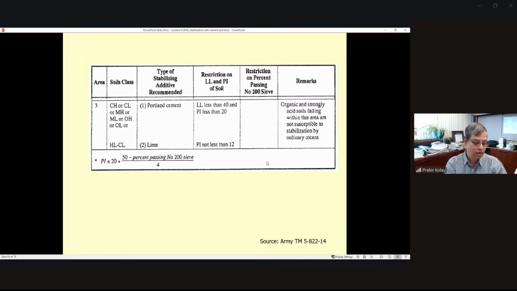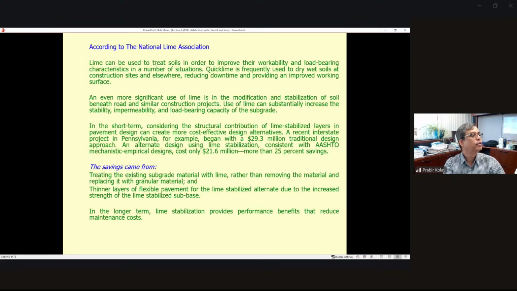Again, we'll talk more about that. The organic soil and peat soil is much more challenging because it has fibers, it is acidic, it has too much water content, and to stabilize this type of soil is much more challenging. So I'm not going to go into it here.